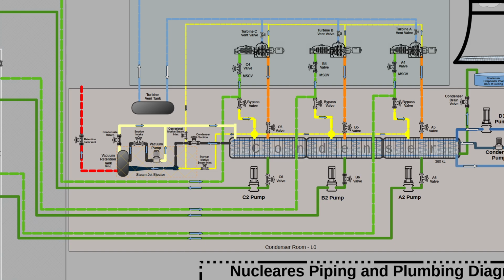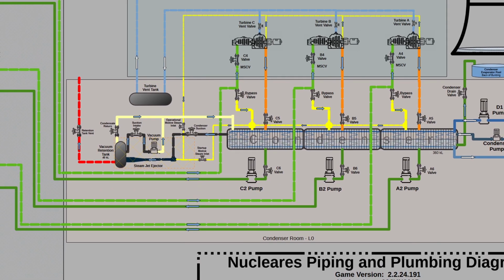Then we've got the other thin line going across the back here. So this would come out of the turbine A bypass valve, and it would travel through and then into the startup motive steam inlet, which then connects to the steam jet injector, which goes into the retention tank.